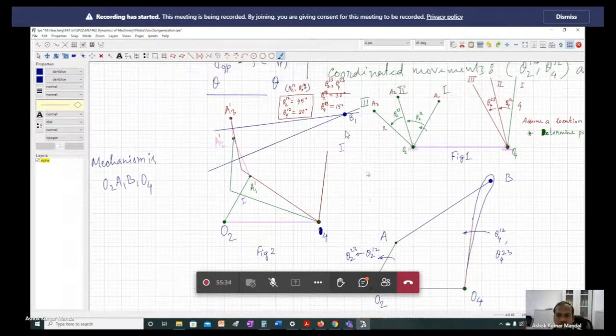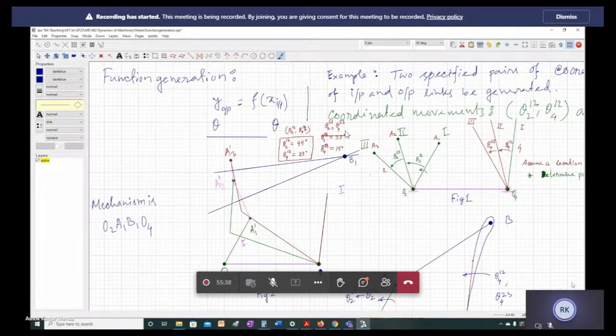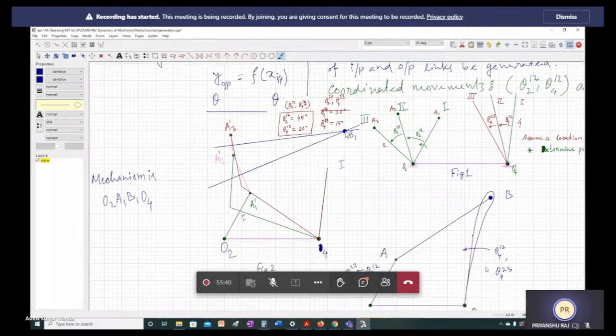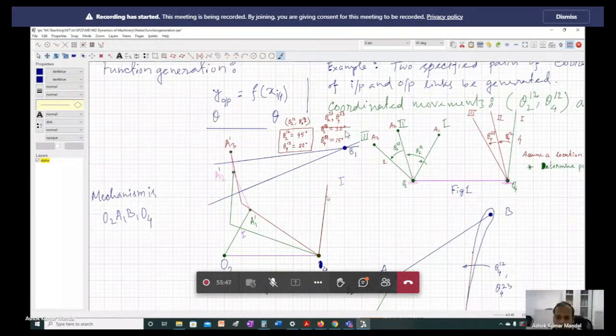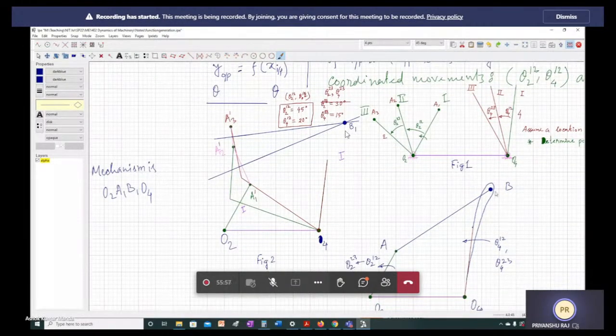Is it fine? Sir, can we decide the size of the follower on our own? Yeah, that's what we have. You want to first decide the size of the follower, then you want to have the size of the crank, right? No, like now B point was not lying on the follower, so you extended the shape of the follower.